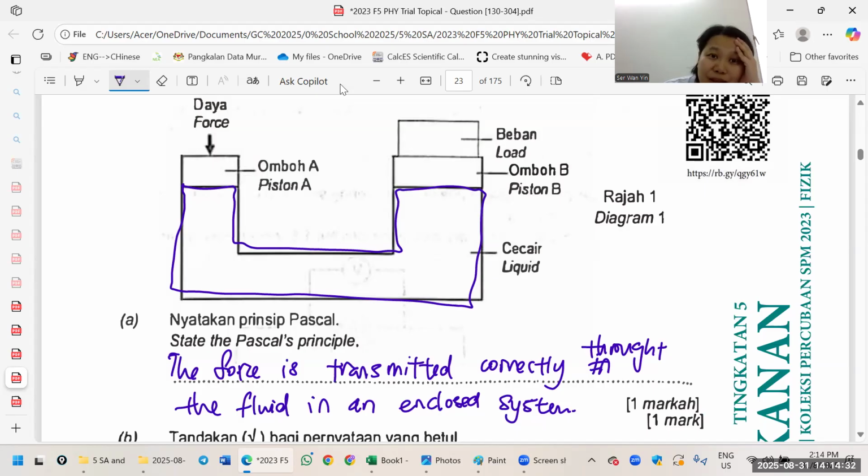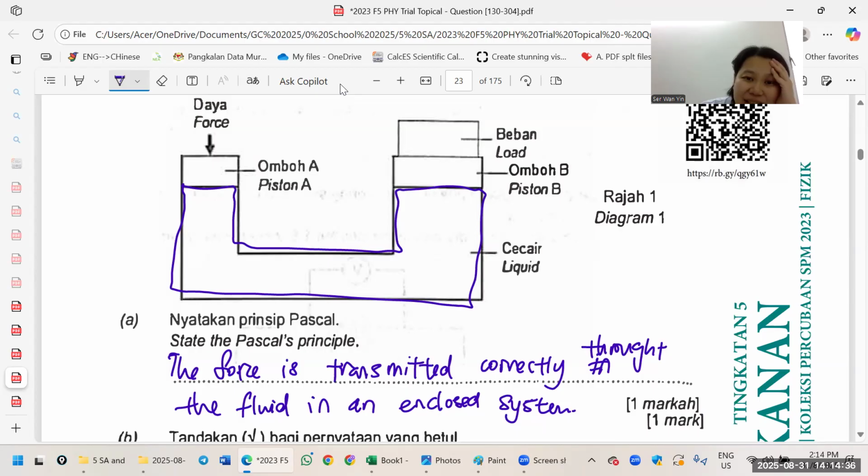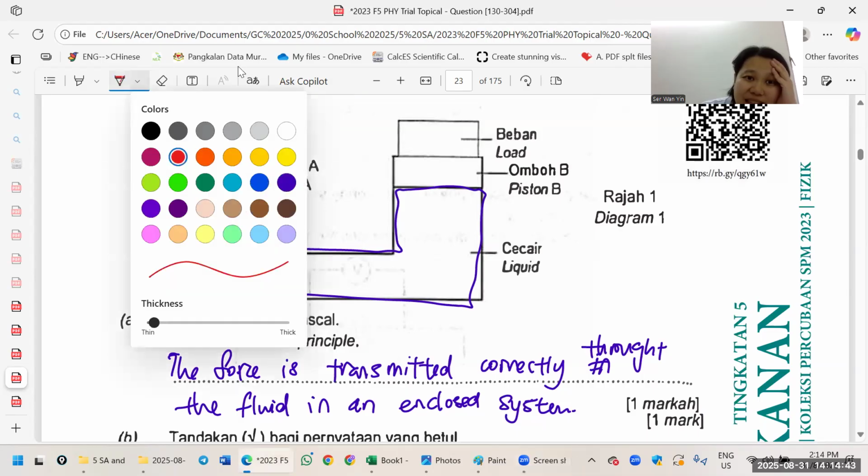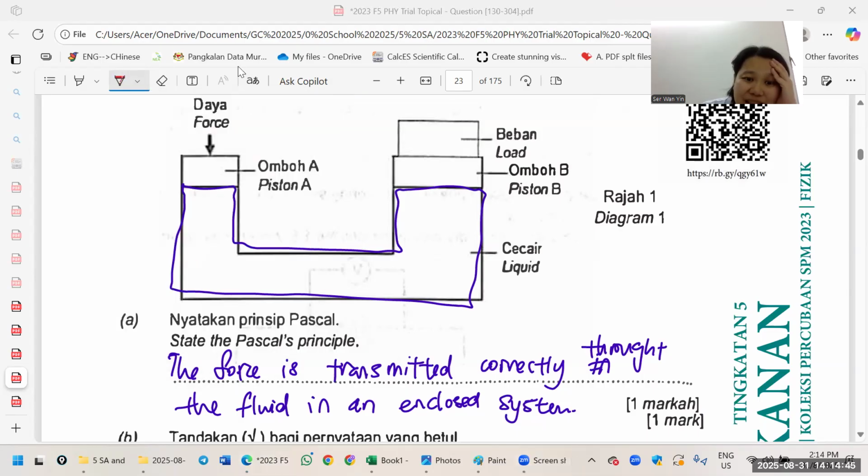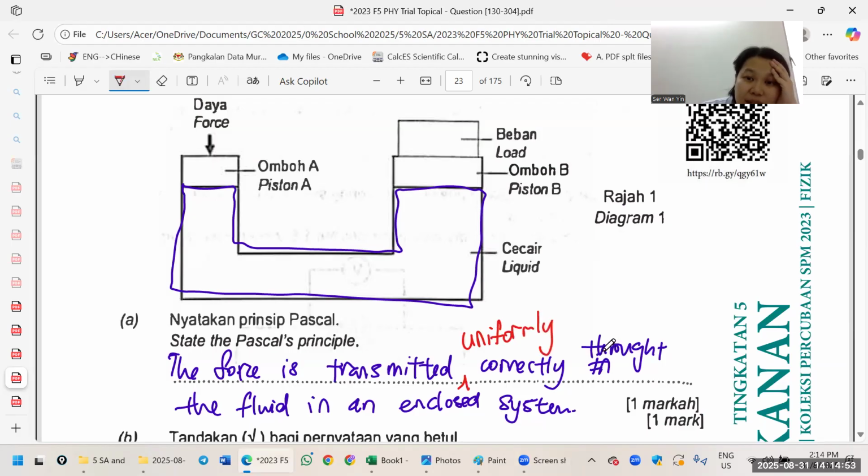Yes, thank you, Daniel. Is it correct? Not correct. Transmitted, yes, first, uniformly, I forgot. Second is the force. Aduh.